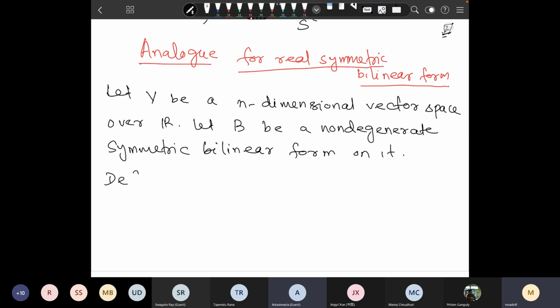Now define P to be the maximum of the dimension of W, where W is a subspace of V.